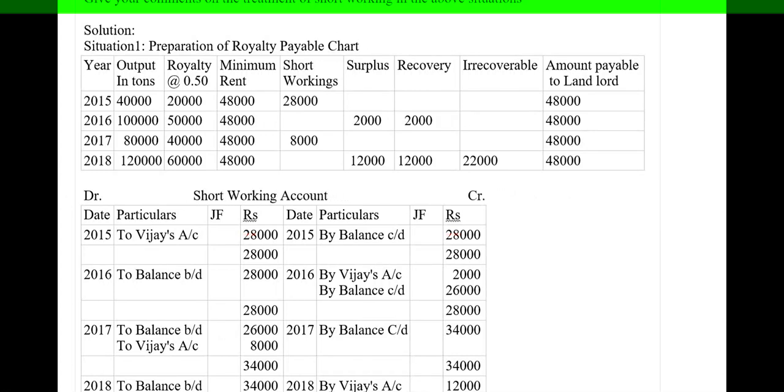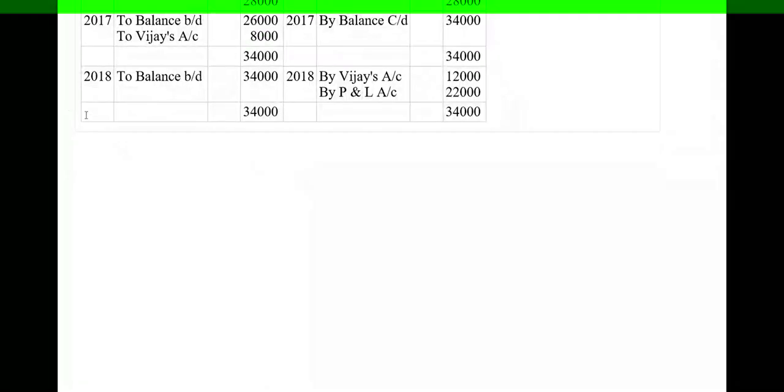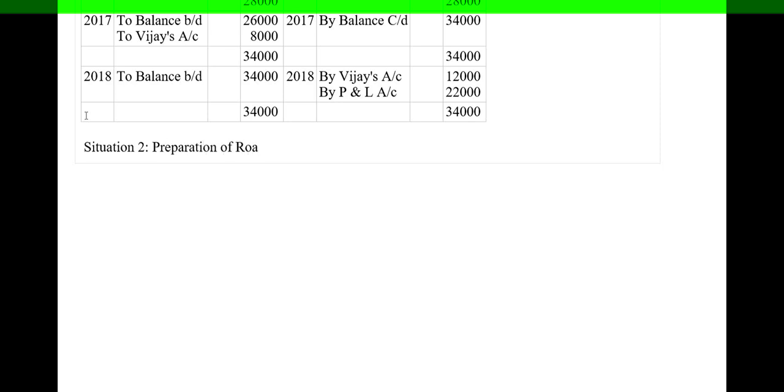Then the next one we need to prepare is situation 2. So first we need to prepare the royalty payable chart.